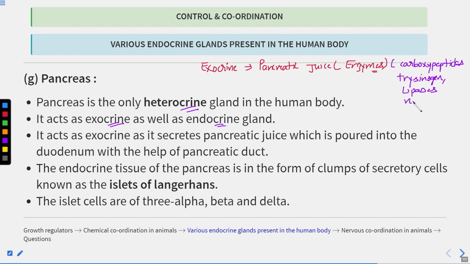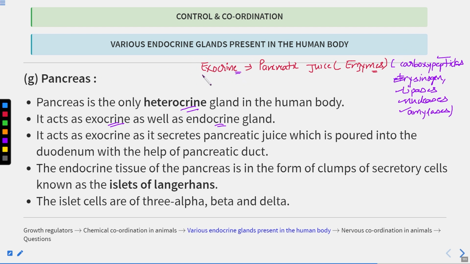Then nucleases are present, which help in the degradation of nucleic acids. And amylase is also present, which helps in the digestion of carbohydrates. So proteins, lipids, nucleic acids and carbohydrates are digested with the help of the pancreatic juice.